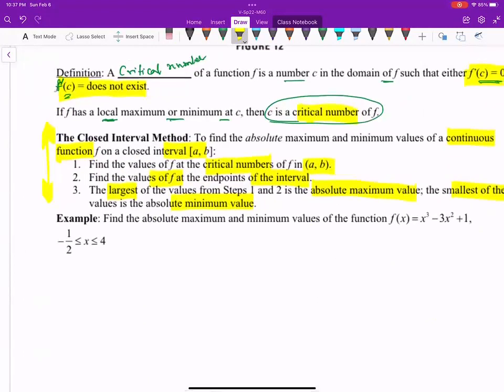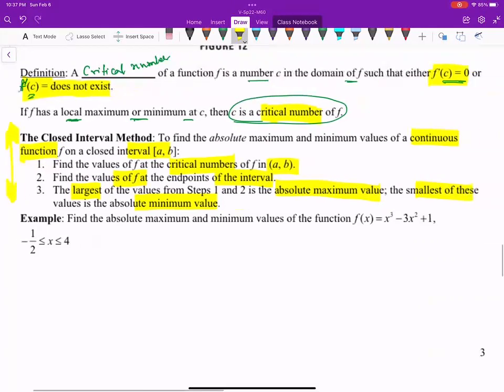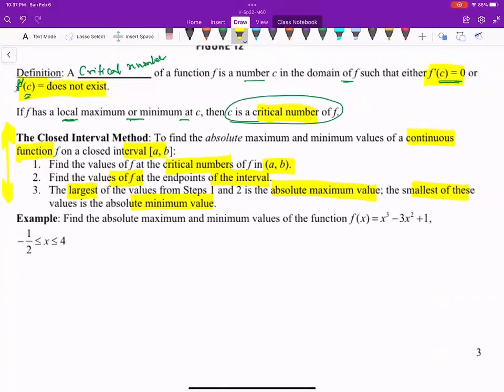Find the values at the critical numbers, then find the values of f at the endpoints of the interval. Then the largest of the values from steps 1 and 2 is the absolute maximum, and the smallest is the absolute minimum.